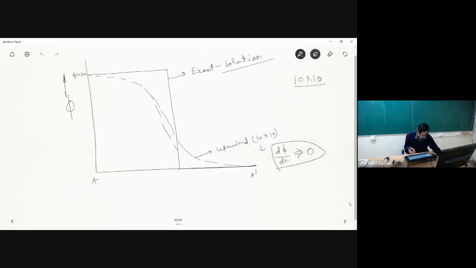Okay, and once you keep on refining the mesh, say if you go to some higher number of grid points, say 50 by 50, you will be finding some improvement in the solution. Then if you go to some further higher size, 100 by 100, you will be finding more closeness to the exact solution, but we will be having some numerical diffusion always associated with the upwind differencing scheme.